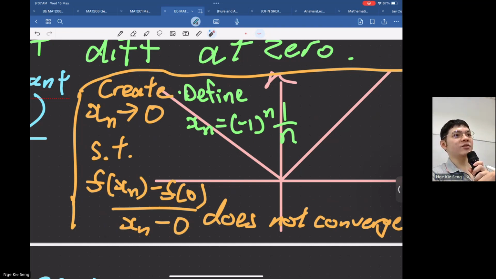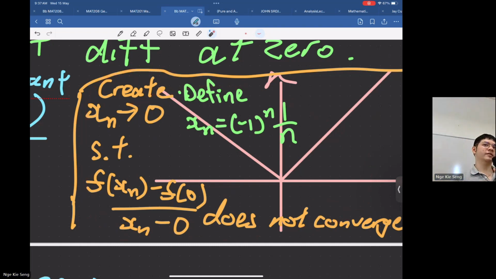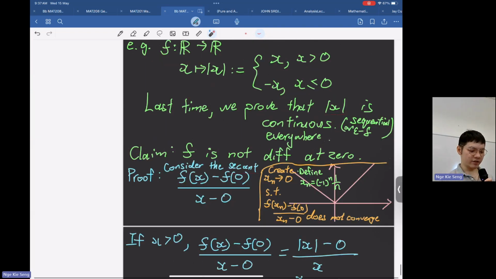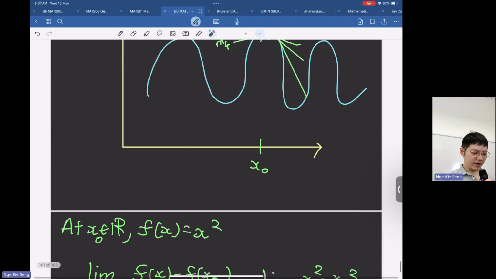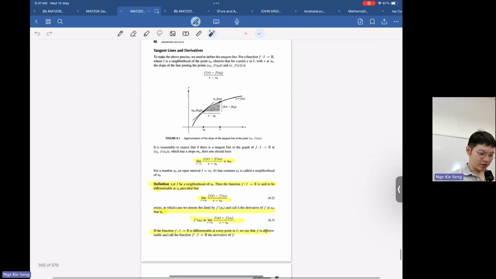So when we talk about limits, quickly think back to the definition of sequence. I want you to recall what the definition of limit is. Let me quickly recall: what's the definition of limit?